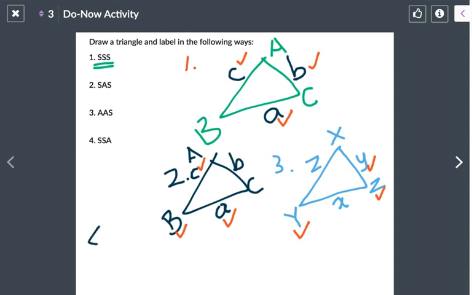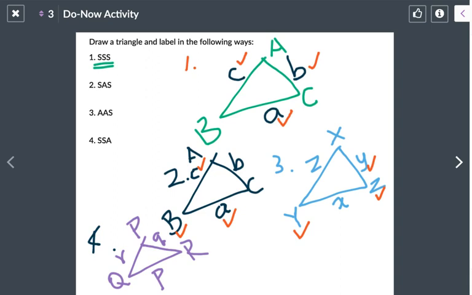For number 4, let's do PQR. So I have this is R, here's P, then this is Q. So which value is given? Is that side, angle?